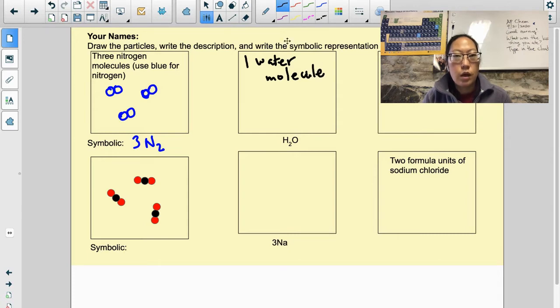I can take my oxygen, and I have 2 hydrogens bonded to it, and I use red for oxygen. So there's my 1 water molecule, and that's represented as 1 H2O. Mixture of water and nitrogen. So let me see, I will make 3 water molecules.